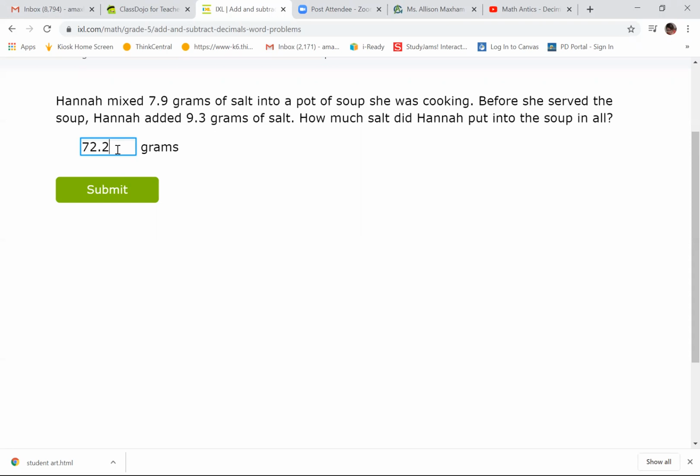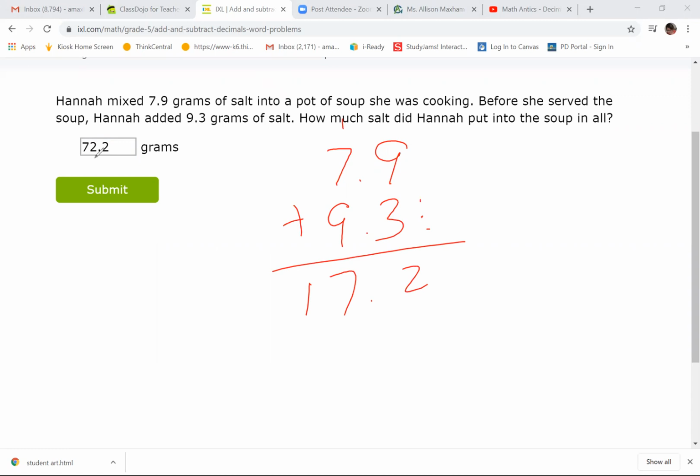And then I'm going to regroup, and that would be 7. That's not right, Miss Allison. What did I do wrong? I have to go back and do my math, don't I? I can't cut corners. 7.9, 9.3, 9, 10, 11, 12, 9, 10. Oh, it's 17. Where did I get 72 from? I would have gotten that one wrong.